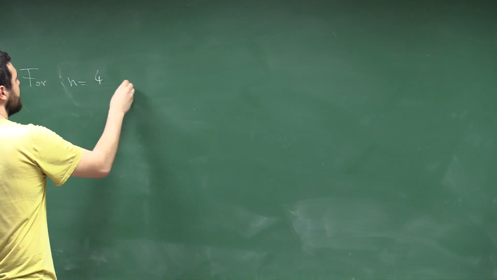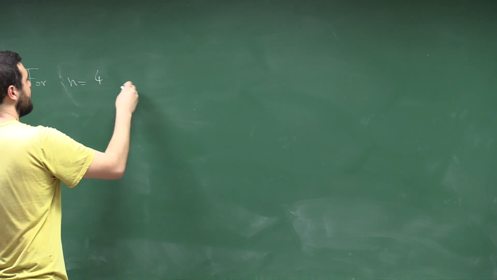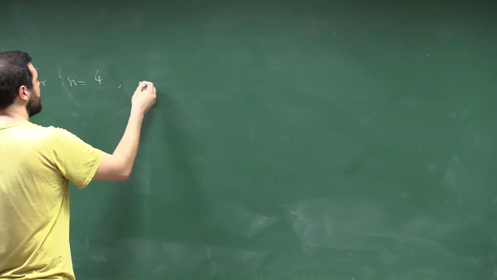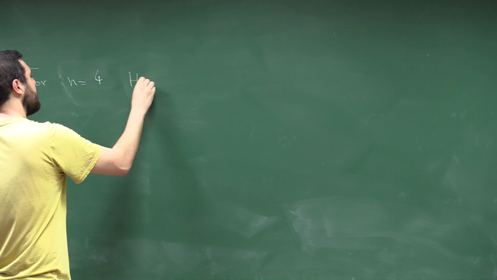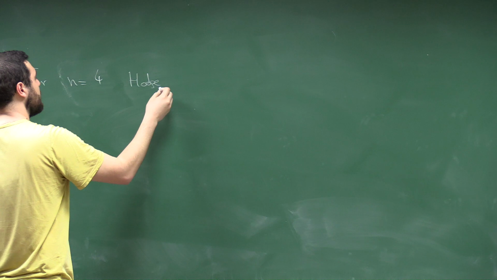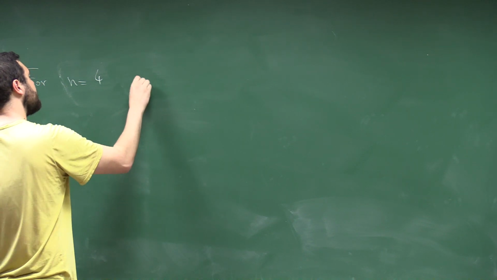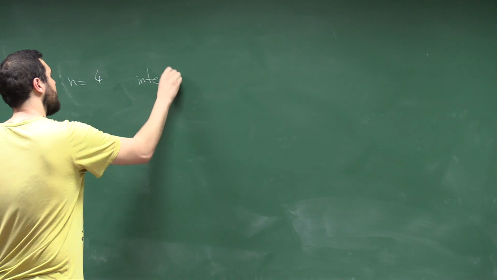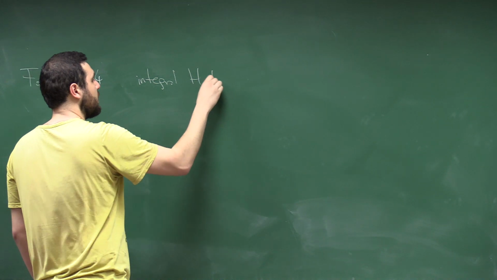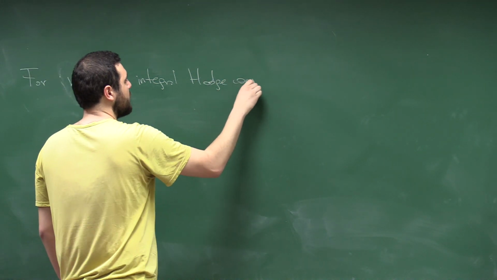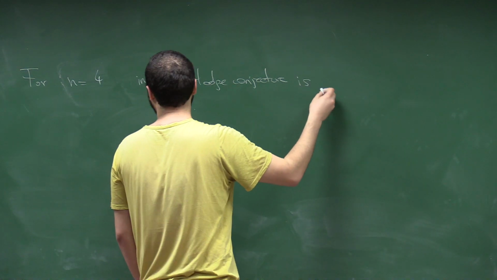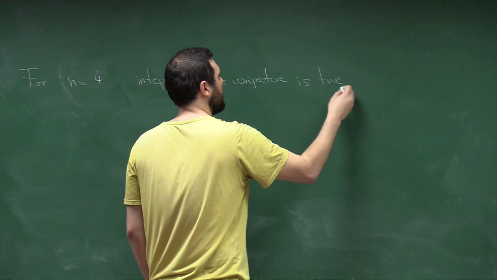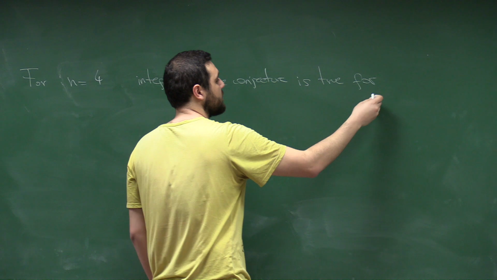It is true that, so we know that the integral Hodge conjecture is true for cubic.